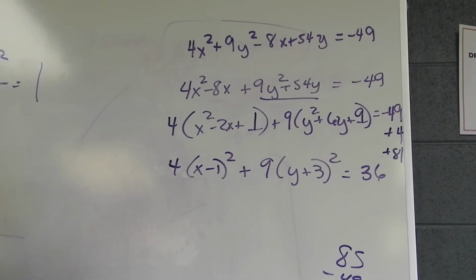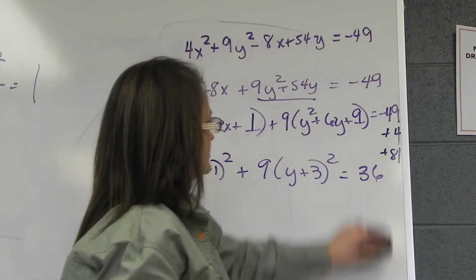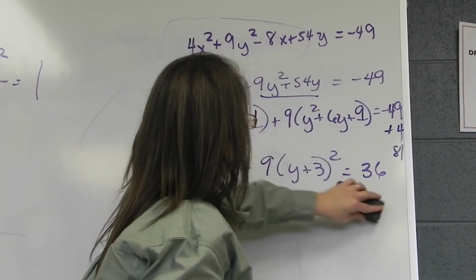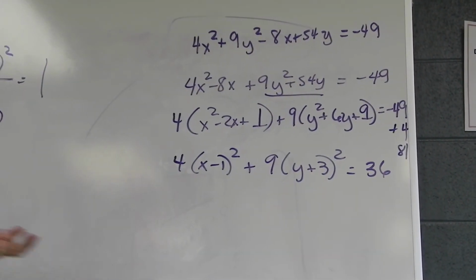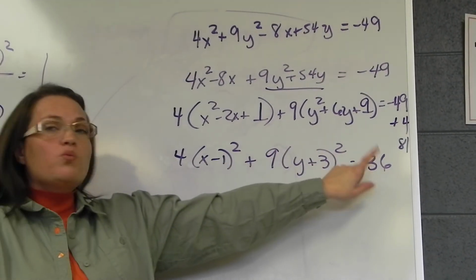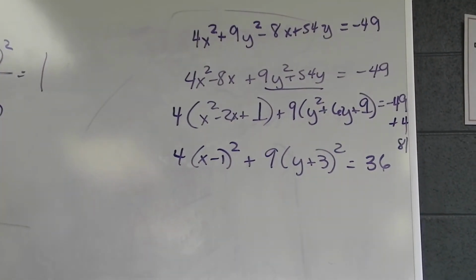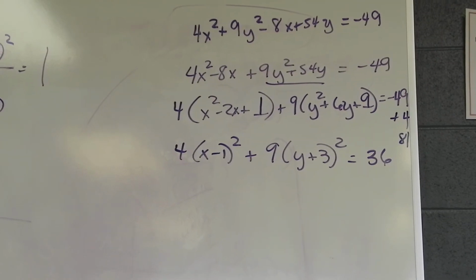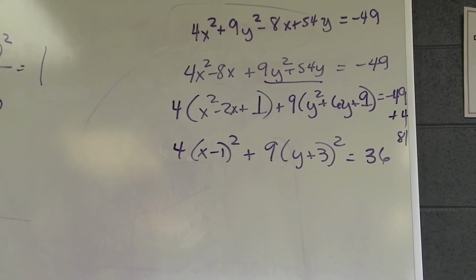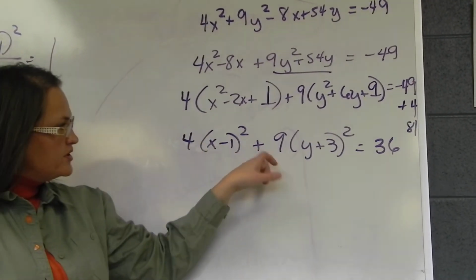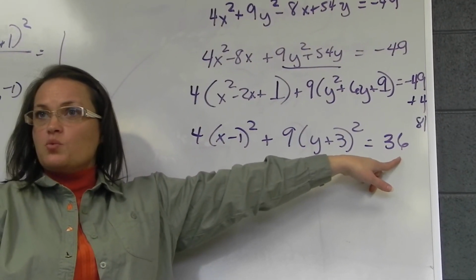Here's the difference from the circle, though. The difference between this and the circle is I need to make it equal 1 on this side. Standard form looks like this. It equals 1, and I have stuff under the x and the y's. So I need to get rid of this 4 and this 9 and make that 36 a 1.